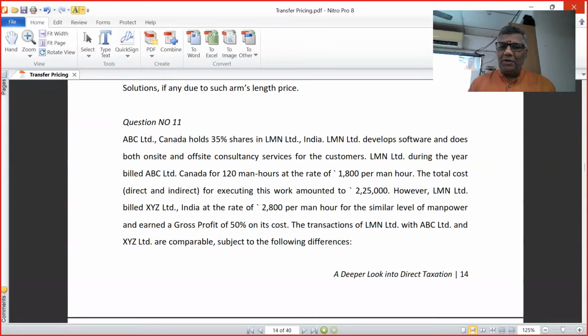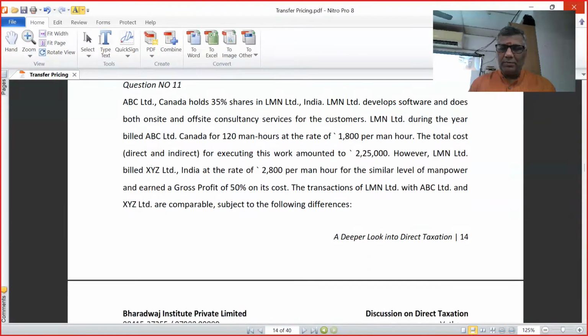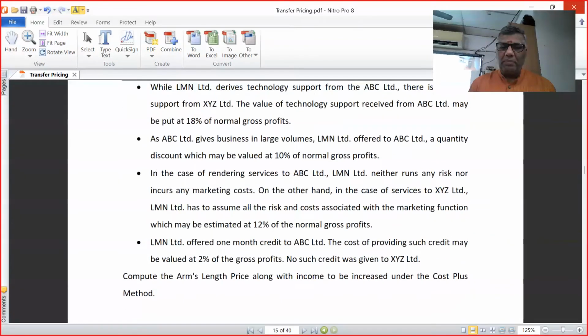We don't incur any risk for ABC, right? In case of rendering services to ABC, neither risk nor other things. Whereas for XYZ, I am taking risk. So when I sell to XYZ, I have to assume the risk.